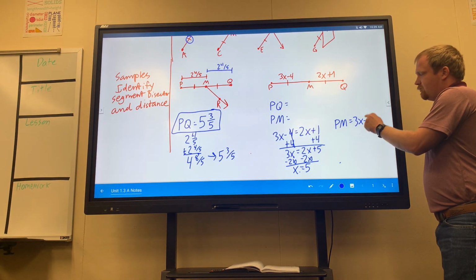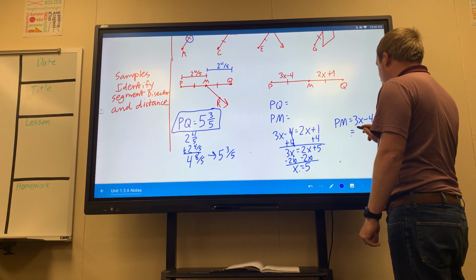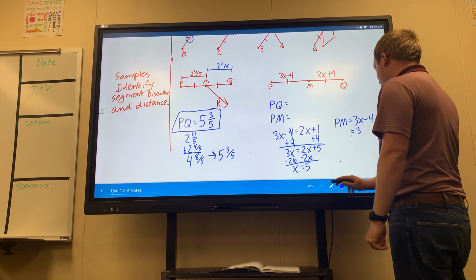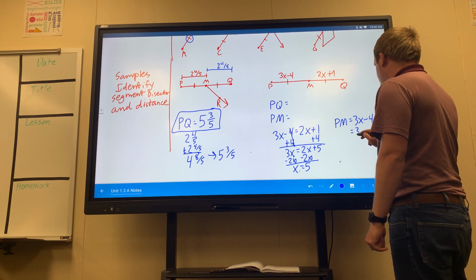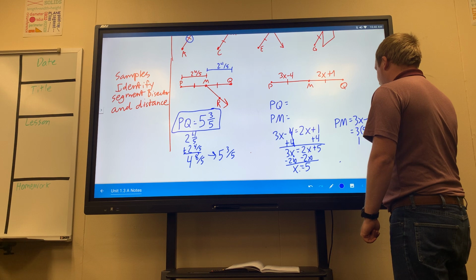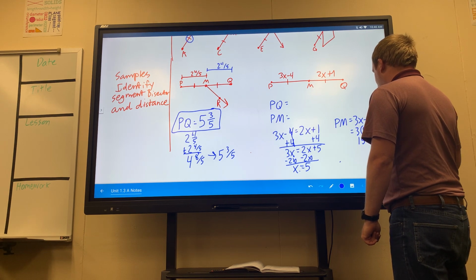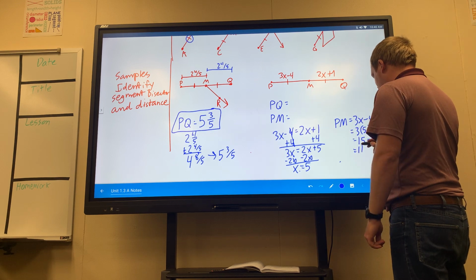But what I can do is replace the x with 5. So I'm going to replace x with 5. So I have 3 times 5, which is 15, minus 4. 15 minus 4 is 11.